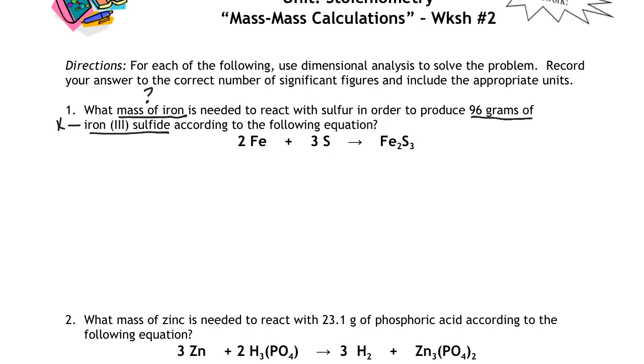So the first thing I'm going to do is put my known over 1, 96 grams, and it gives me the formula right here, Fe2S3, put it over 1. Now, if I have grams of iron(III) sulfide on the top, I need to have it on the bottom.